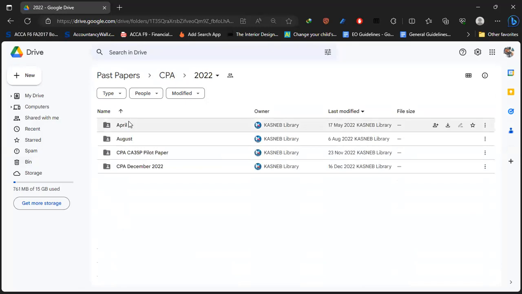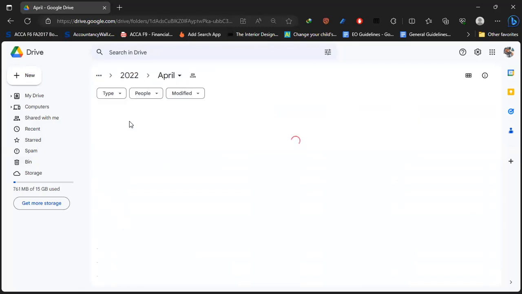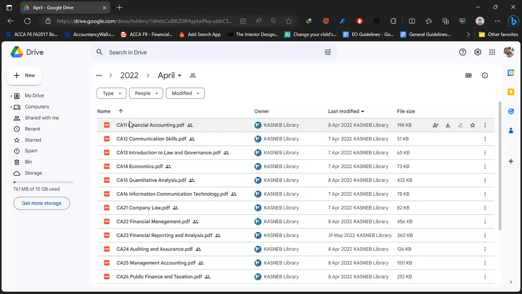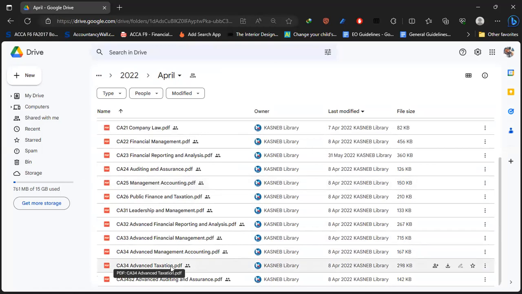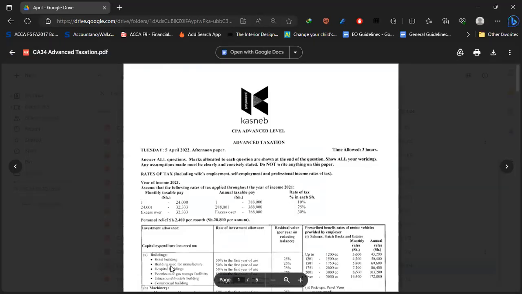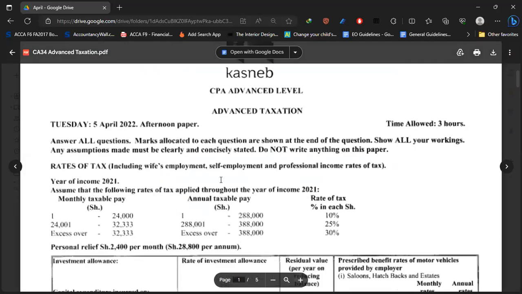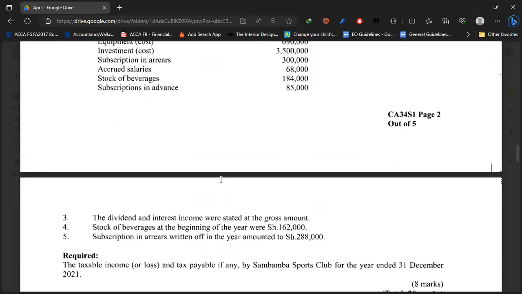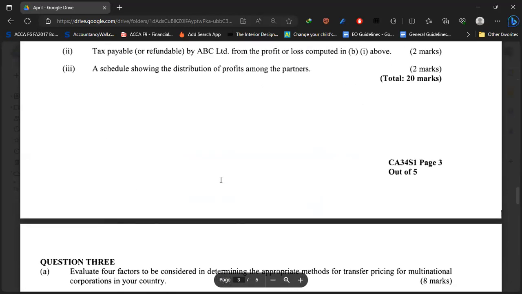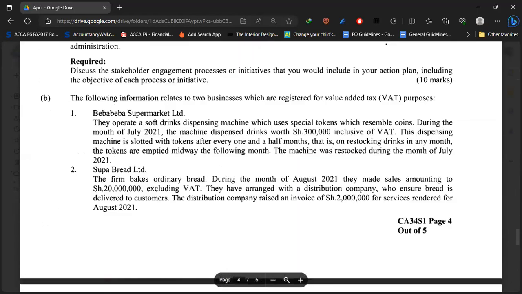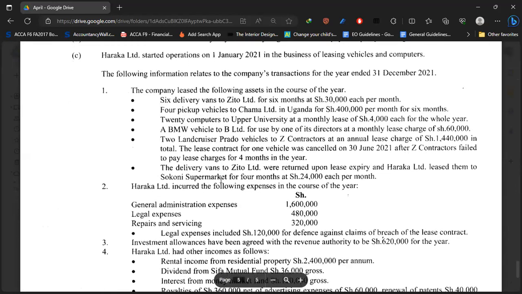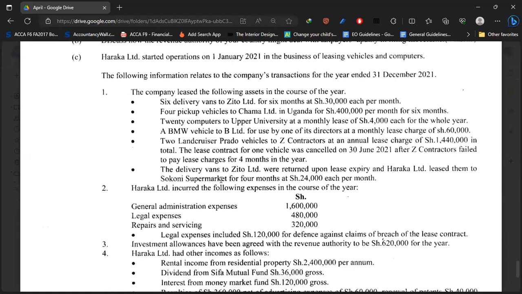It should be question number 5C. Okay, the question of Haraka Limited.